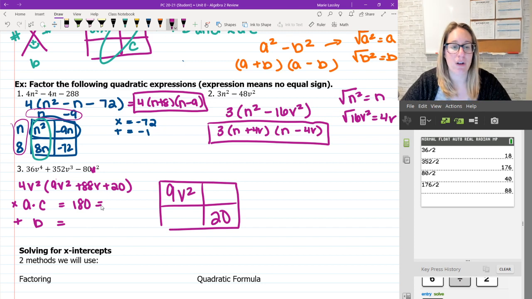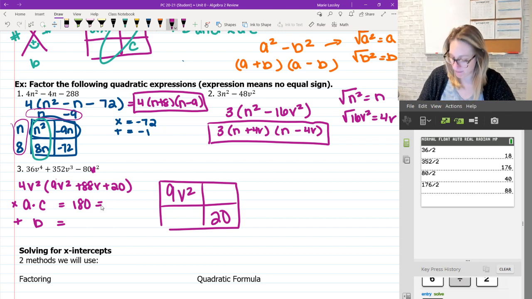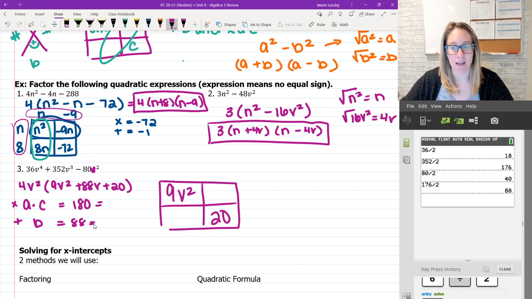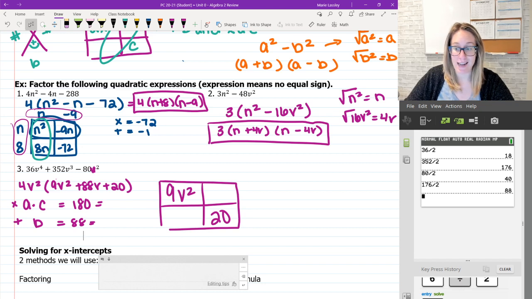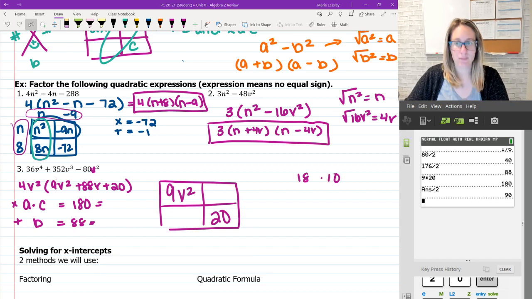So these two numbers have to multiply to 180, and they have to add to my b value, which is now 88. Take a second, I'm going to pause, and let's see if we can figure out these numbers. Remember, multiply to 180 and add to 88.